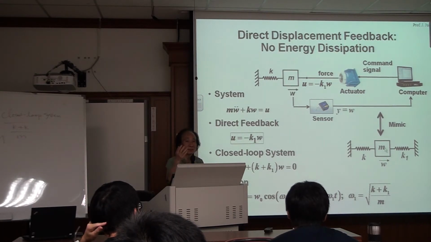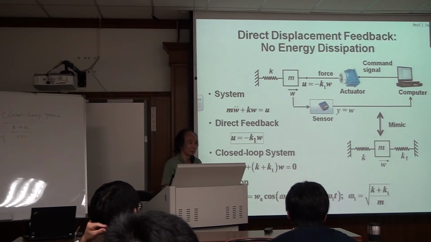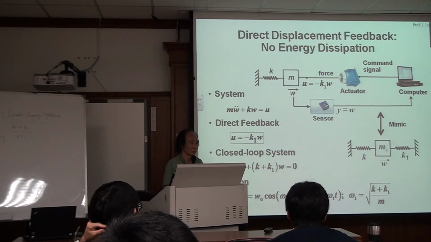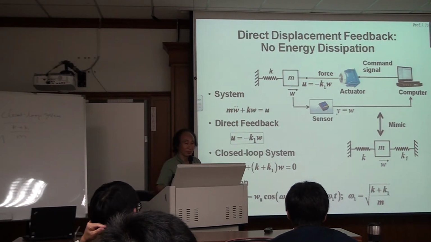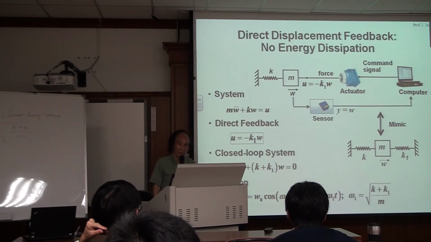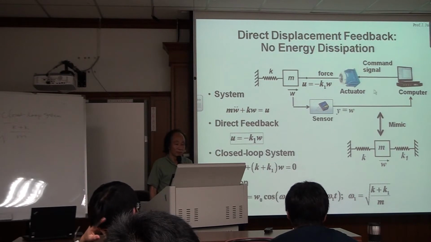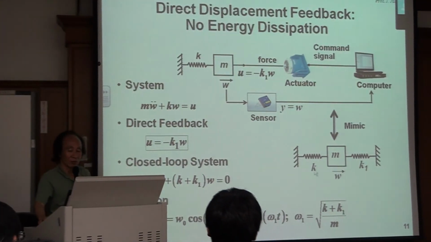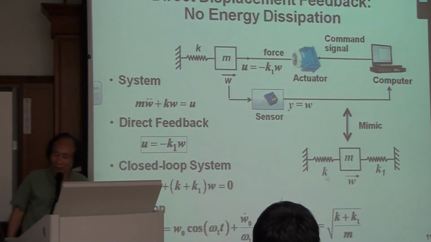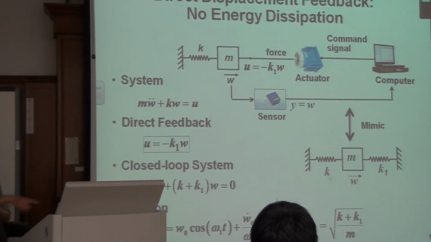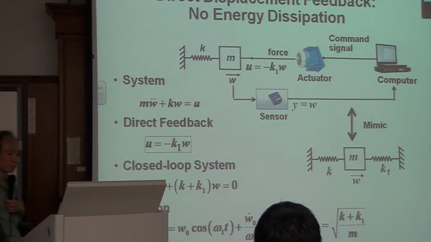If I want to change frequencies for good, that's it, then use the TMD, because that requires no power. This requires power. If you don't change your frequency frequently, then you would rather use the passive TMD than the active one.